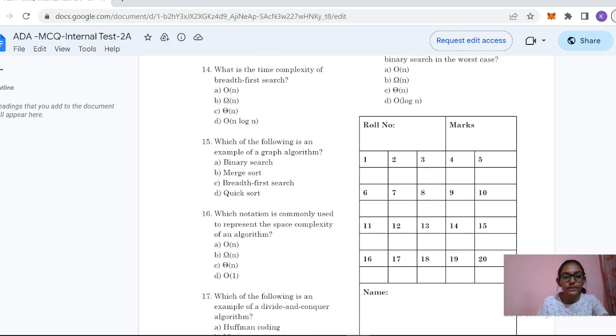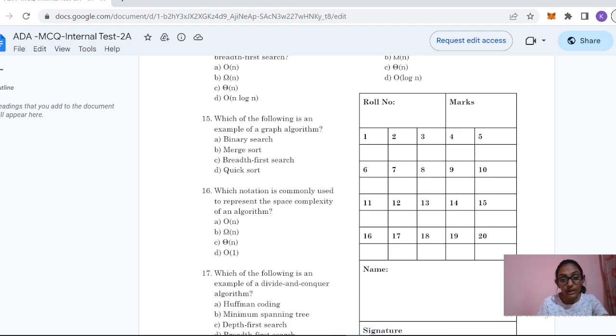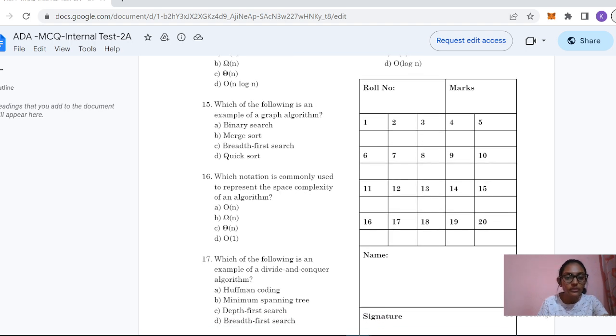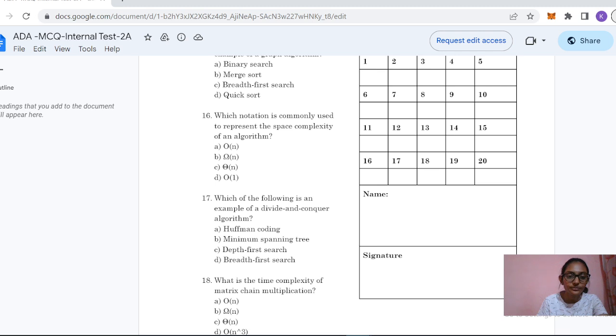Which of the following is an example of a graph algorithm? Binary search, merge sort, breadth first search, quick sort. Among these, the example of graph algorithm is option C, breadth first search.